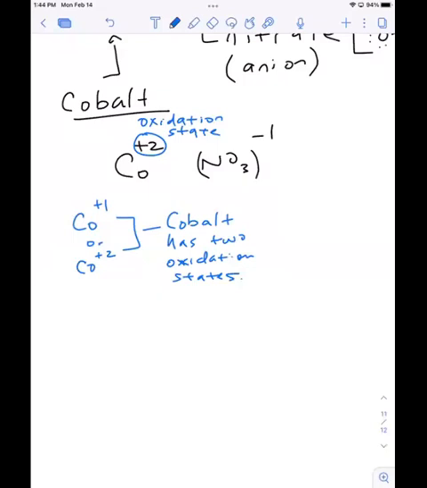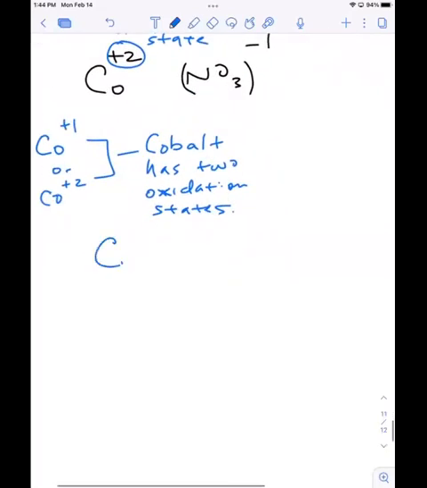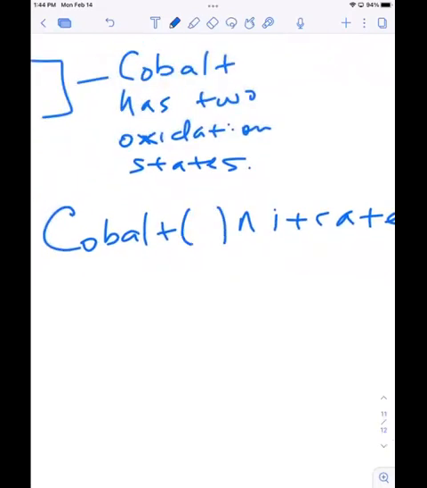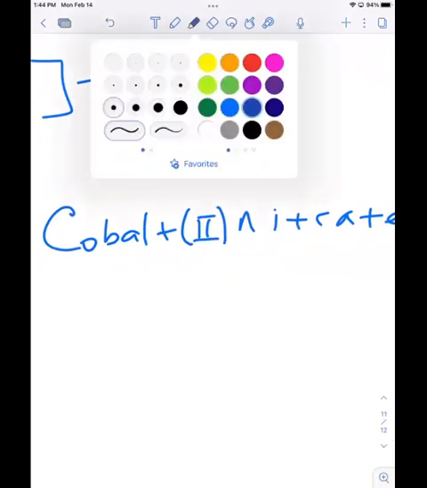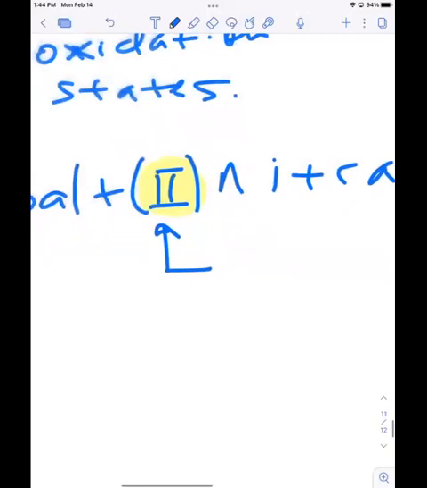All right. So when a metal has more than one oxidation state, you have to indicate that in the name when you name it. So this is cobalt nitrate. But after the metal right here, you have to put in parentheses Roman numeral 2. That Roman numeral 2 is indicative of the fact that this is cobalt in the 2+ oxidation state.